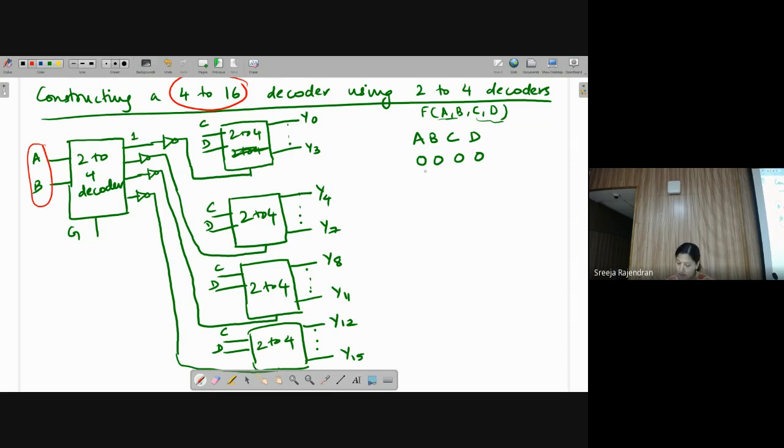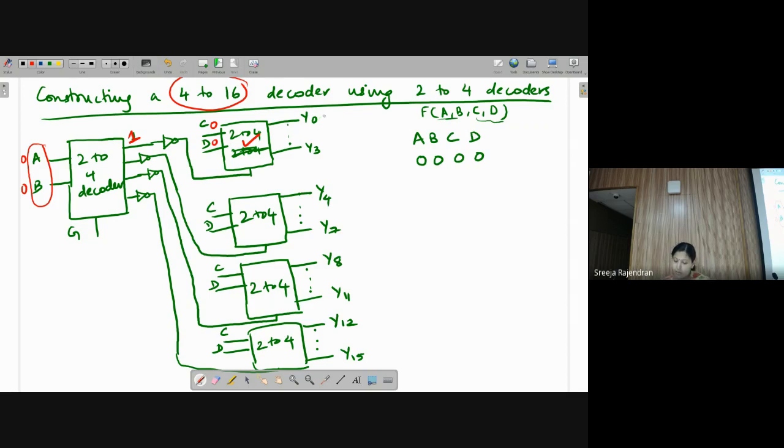Now, if A, B, C, D is 0, 0, 0, 0, what happens? 0, 0 means which output line will go active? The first one. If the first one goes active, which decoder will be activated? The first one, so this is activated. And CD is 0, 0, according to the combination I've written here. I will have 16 combinations, as you know, because A, B, C, D can take values from 0 0 0 0 to 1 1 1 1.